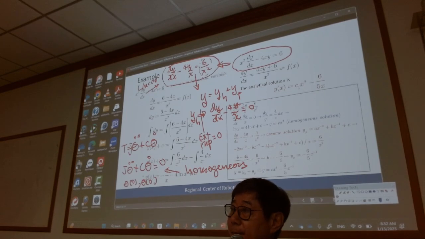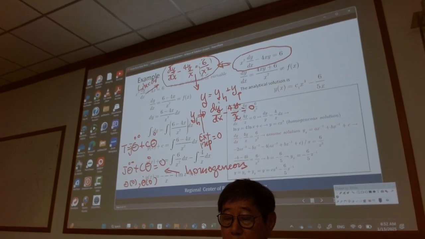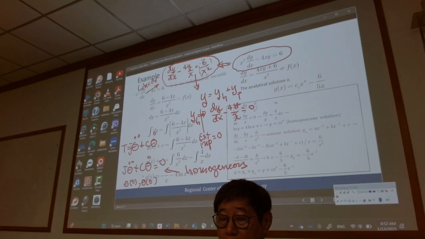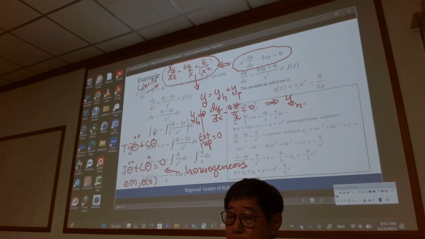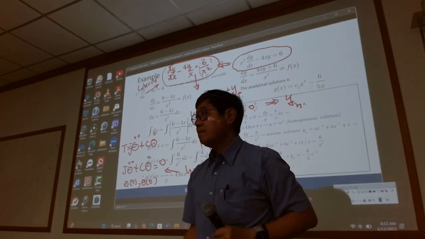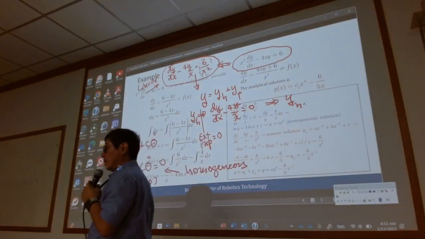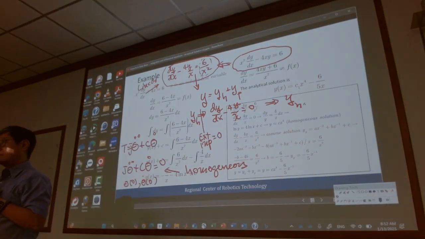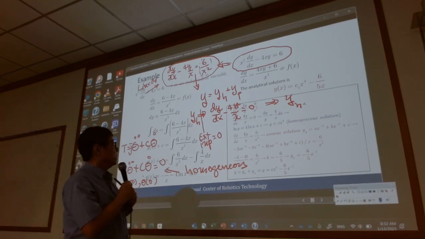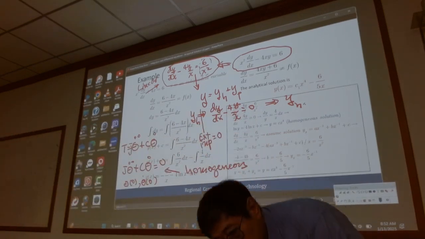So this one, by initial condition, you have to know the initial condition, right? Then you can solve this one. Similar to this one, if we can solve the homogeneous equation, that will be the homogeneous solution. The other one is the particular solution.